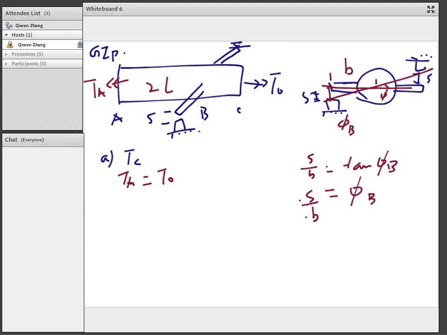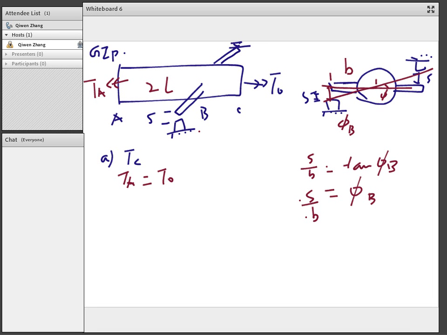TC is actually equal to GIP times S divided by 2L times B. So this is the critical torsion such that it will close the gap.